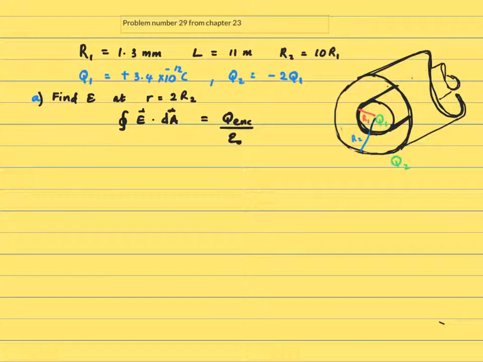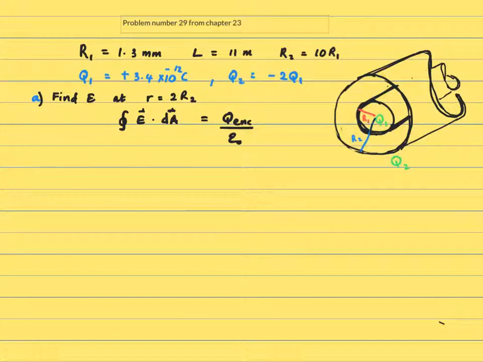Now in order to use Gauss's law, we have to choose an imaginary Gaussian surface. The shape here is a cylinder. One is a conducting rod and the other one is a thin-walled coaxial cylindrical shell. So the best shape to fit this situation for a Gaussian surface is a Gaussian cylinder.